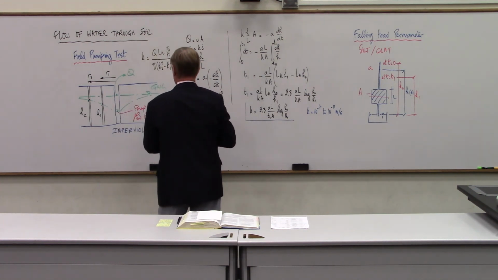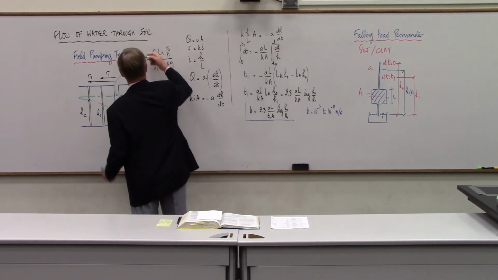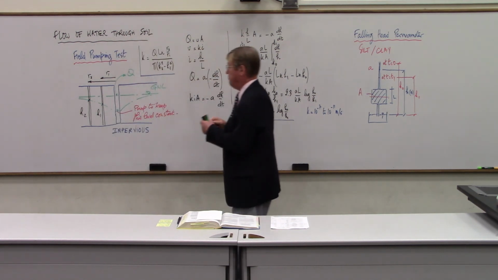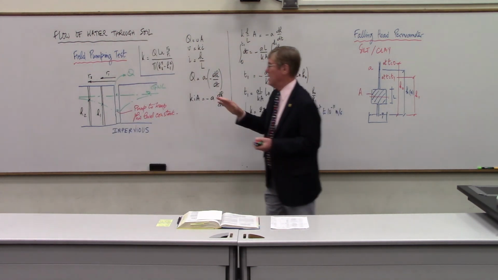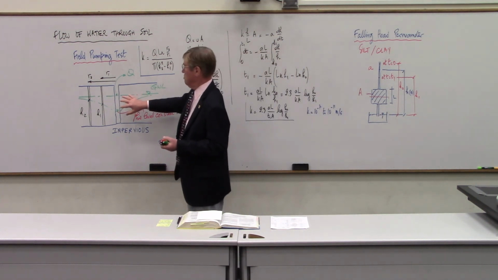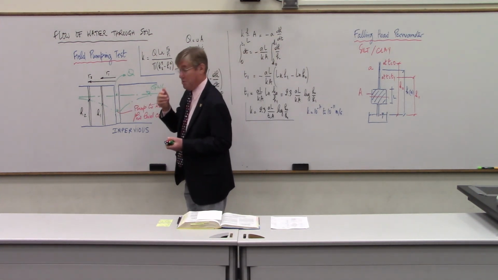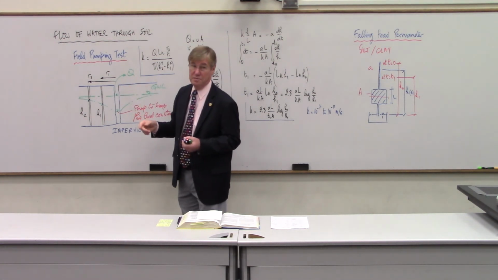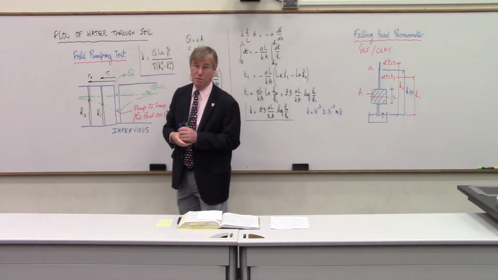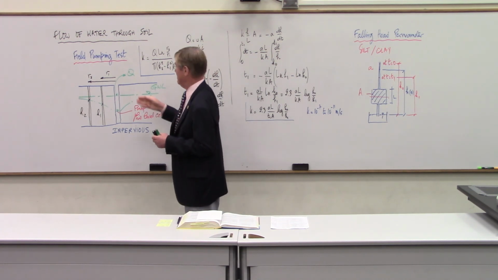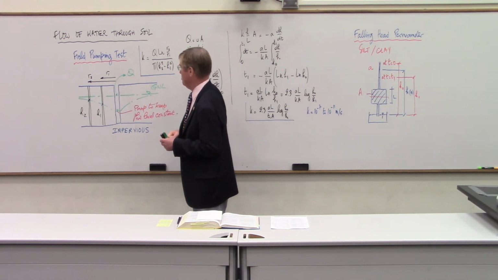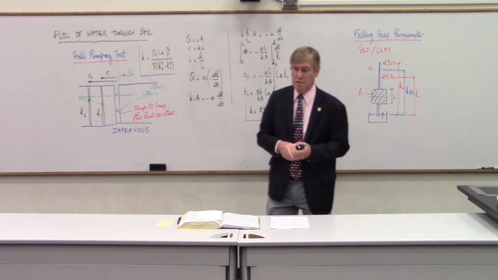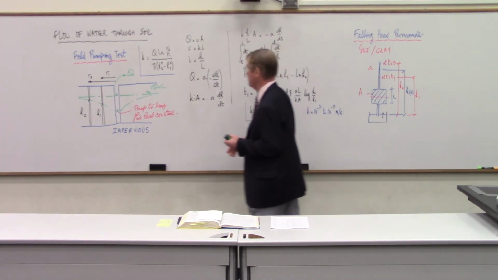Okay? So that's the equation for K for the field pumping test. And this is a test that's more appropriate for coarser materials, because you can imagine if you have to pump and you just get drip drip in the hole, it's going to be difficult to pump accurately. So this tends to be for soils that are coarser material.